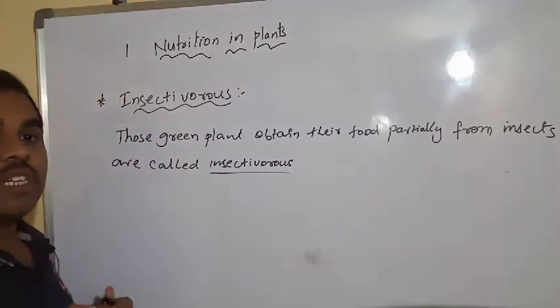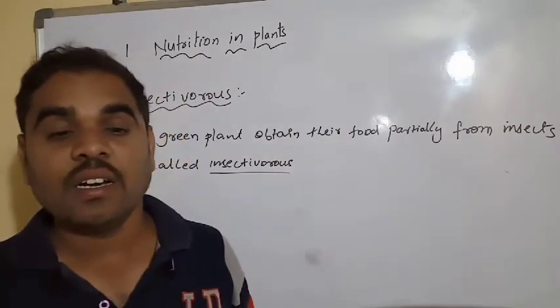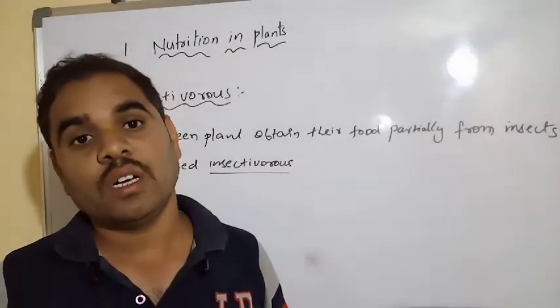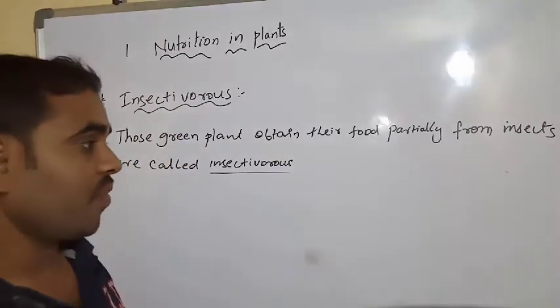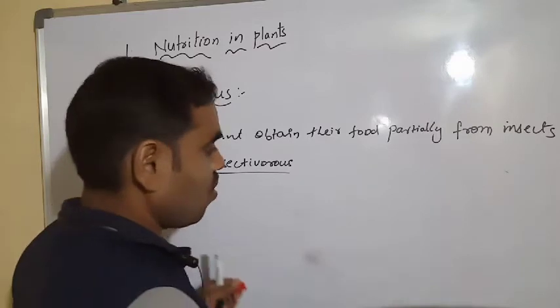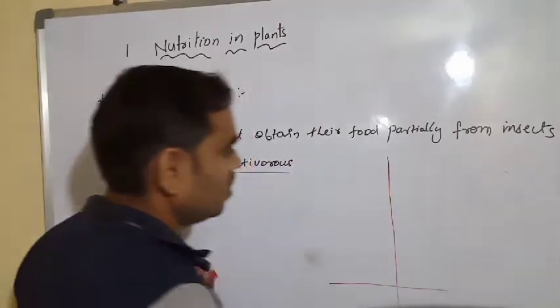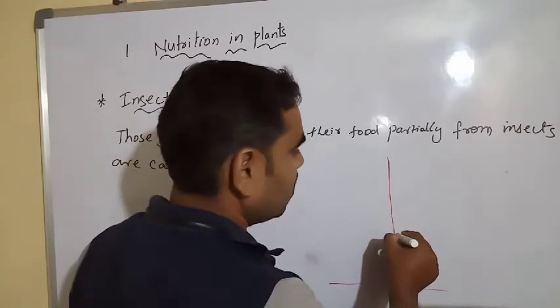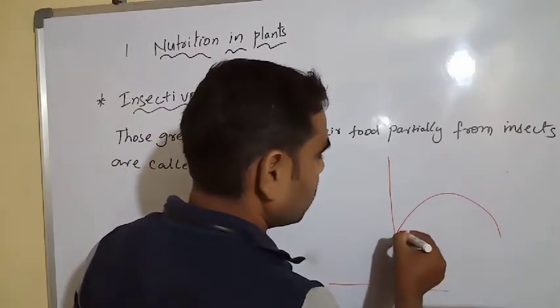Mostly these plants grow in deficiency of nitrogen, deficiency of ammonia. For example, we have to draw a picture here. See, there are leaves like this.